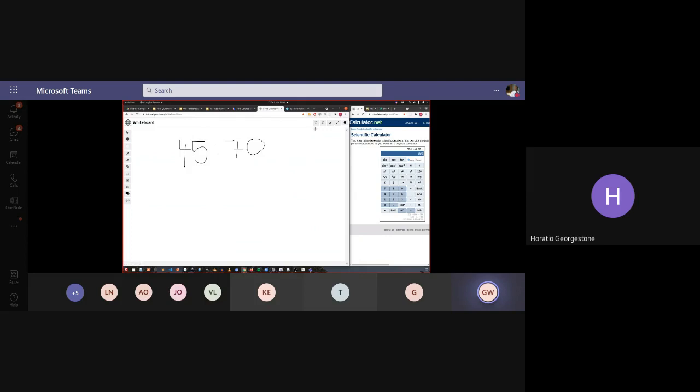The next thing you need to know is that ratios have equivalent ratios, just like fractions have equivalent fractions. If you start with, let's go with smaller numbers just so that it's easier to do the maths, the ratio 3 to 5.